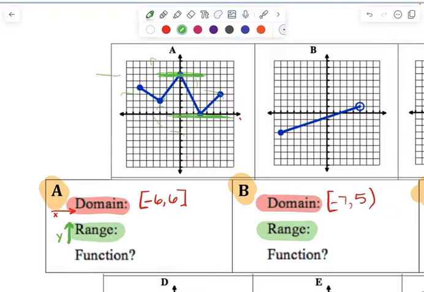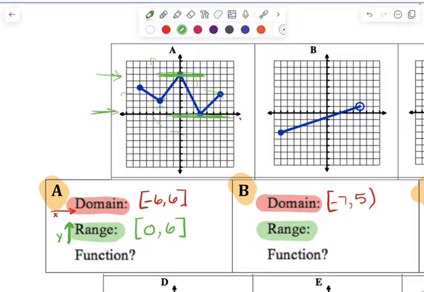So those two y values is where your range starts and stops. So the lowest point here is 0, right on the axis, and then your highest or greatest y value is positive 6. So we're just looking for the lowest and highest place that your graph goes.